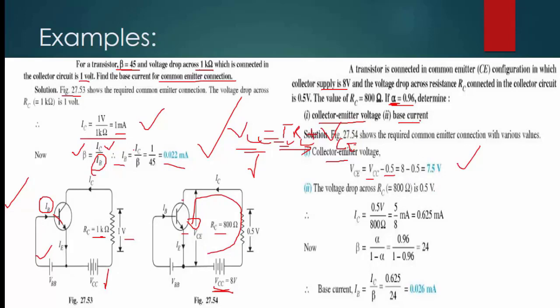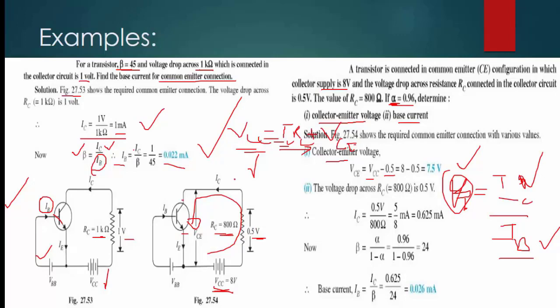To get the base current, we know that the amplification factor of the emitter is equal to IC over IB. So we can get the base current there, but we must first have IC and beta. We can get IC because we have voltage and resistance: 0.5 volts divided by 800 ohms gives the current IC, as we have done here.